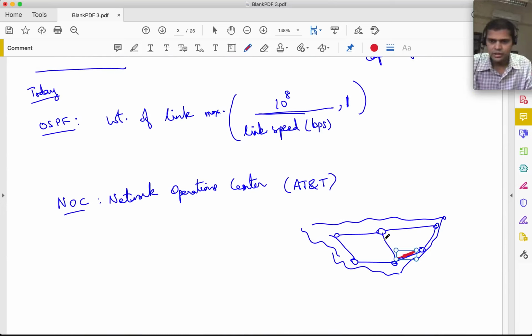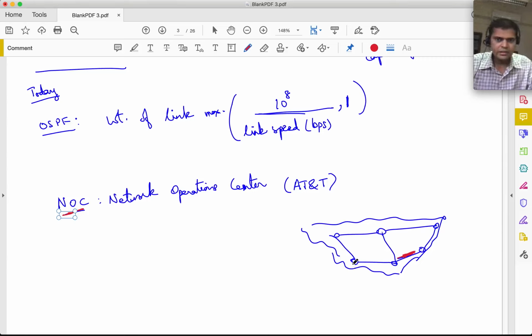Maybe a link goes down or something like that, in which case you would have to drastically shift data from one set of paths to another set of paths. Okay. So large networks will always have something like a network operations center where you have people continuously monitoring the status of various links and so on, and they have to take remedial measures in case something goes wrong.